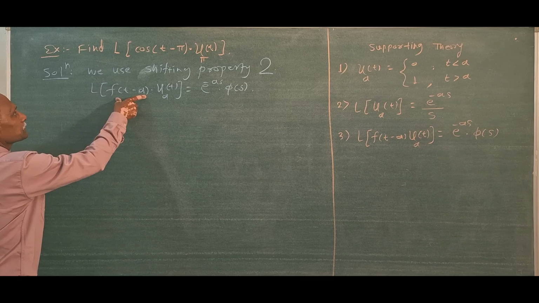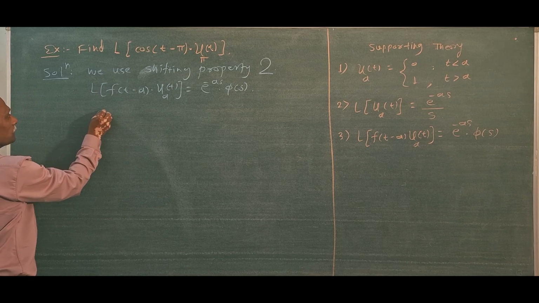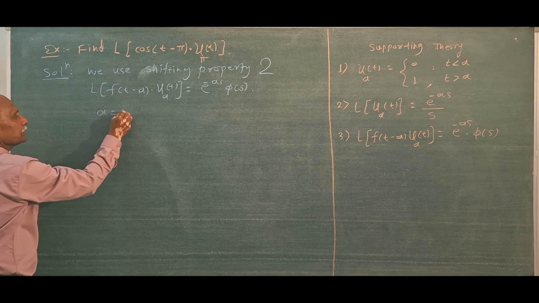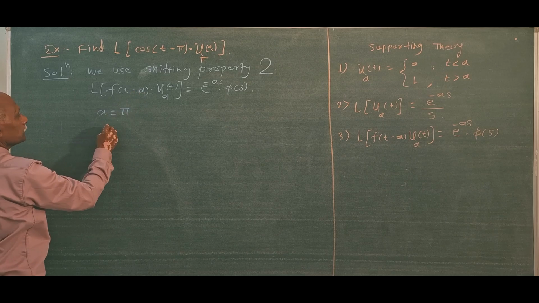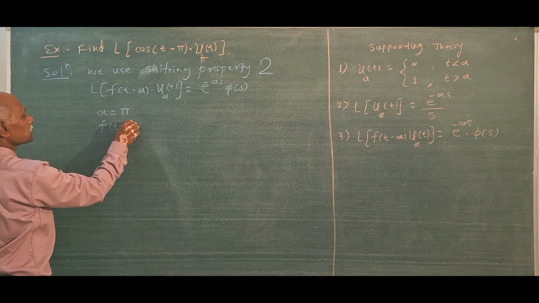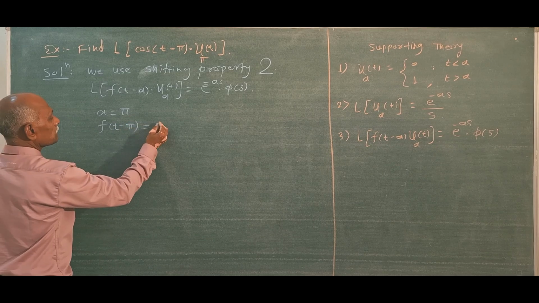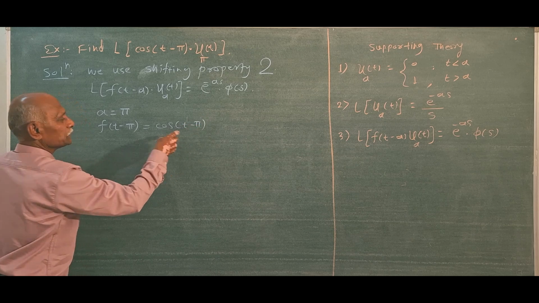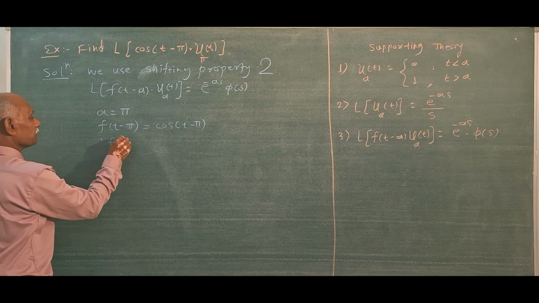If you compare this with the given problem, we identify two things. First thing, what is a? The value with minus is nothing but a according to theory. Then what is f(t - a)? That means t minus pi, so this comes cos of (t - pi).